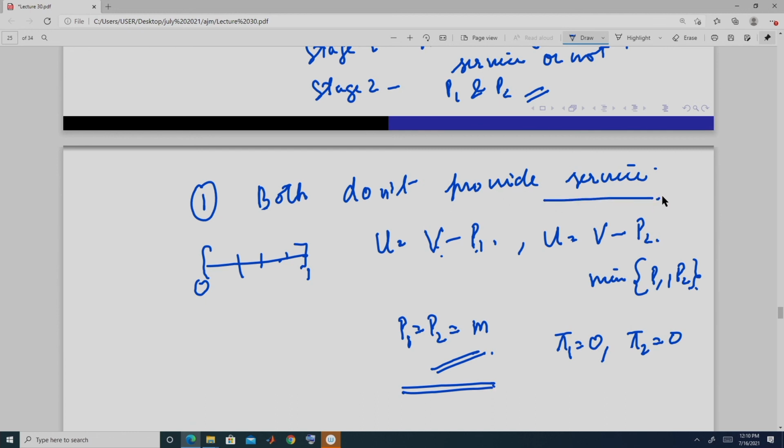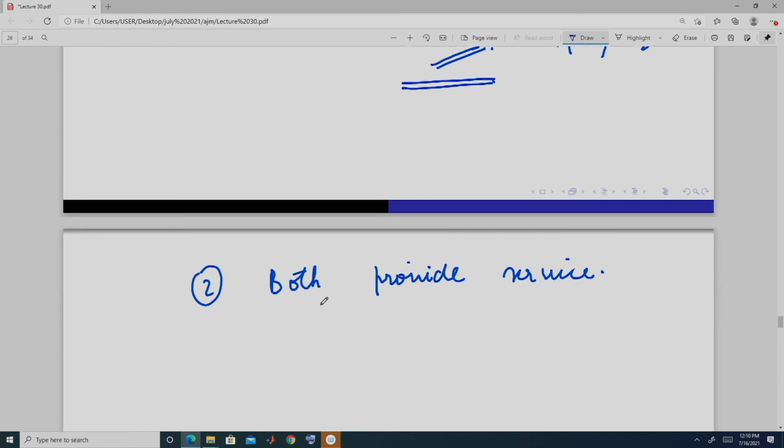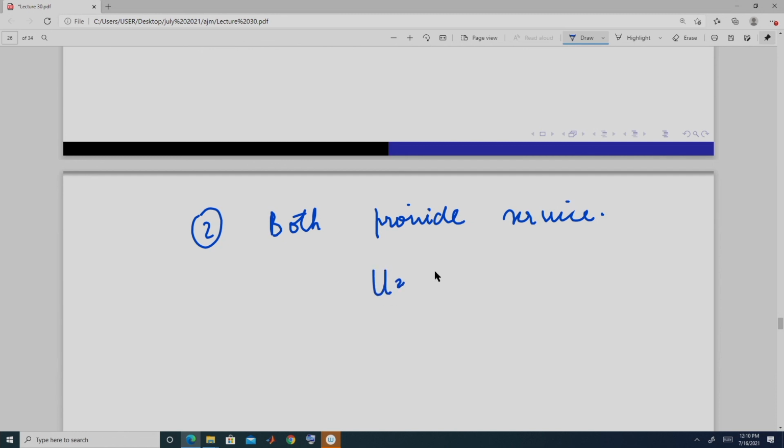Now, suppose both provide service. If both provide service, then what is going to happen? Utility of any consumer is going to be this plus this, if this is the location of that consumer S, minus P1 if it buys from A, and it is going to be this if it buys from firm 2.